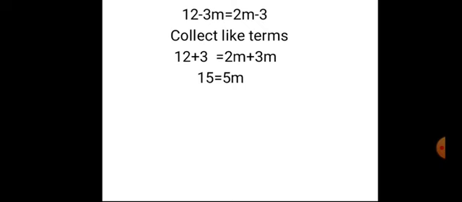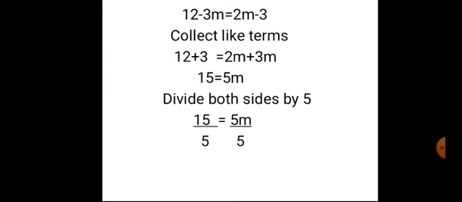What do we do? We divide both sides by 5. Perfect. That gives 15 over 5 equals 5m over 5. Our 15 over 5 gives 3, and 5 cancels 5. We are left with m, meaning our m is equal to 3. Our final answer. So far so good.